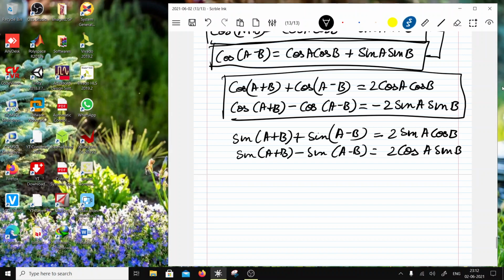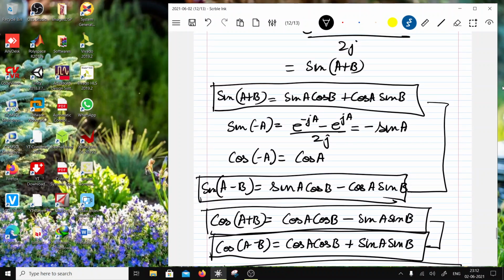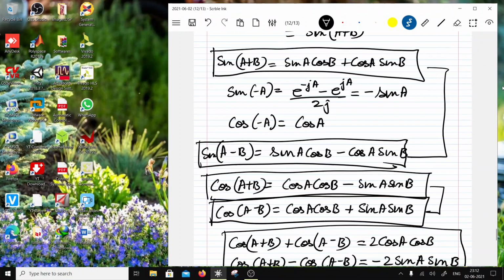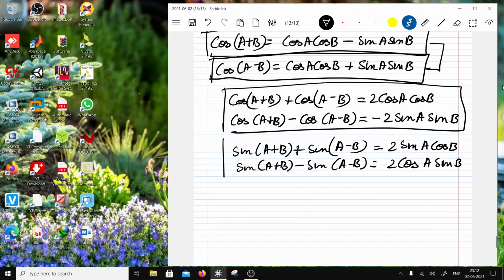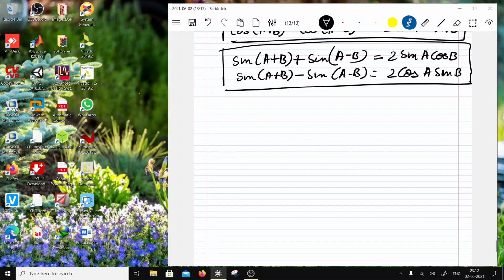Am I right? The second term survives. Cos a sine b. So basically this is all what trigonometry is about.